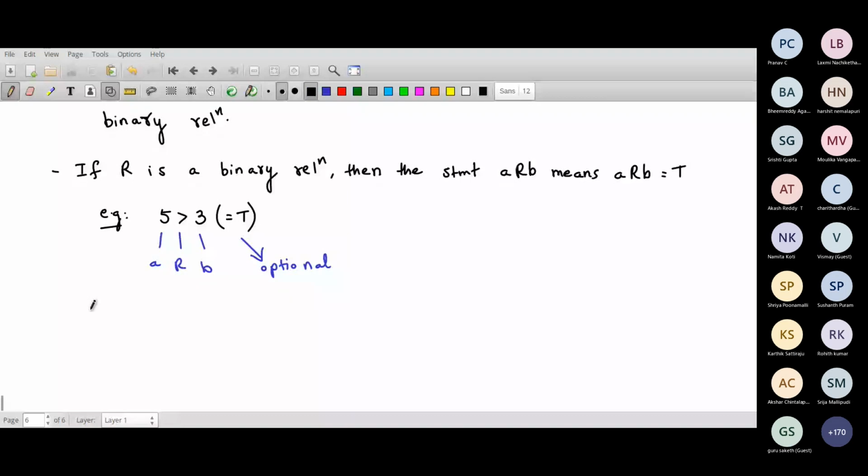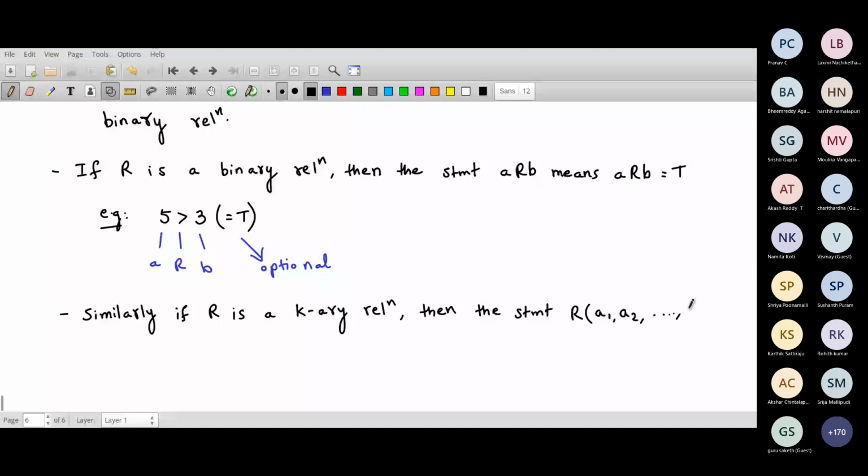Similarly, if R is a k-ary relation, then the statement R of A1, A2, and so on up to AK means R of A1, A2, sorry, up to AK equal to true.